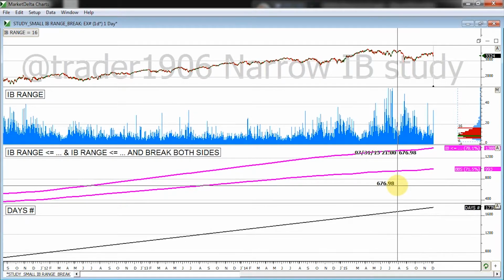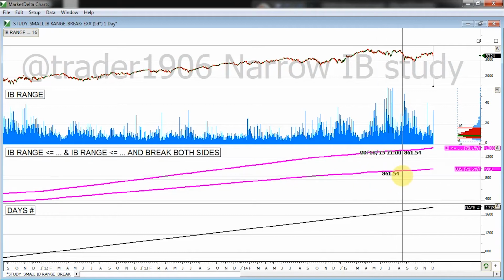So when you try and make your day plan, you need to keep in mind that there's a very high probability that we'll come back and take the other side of the IB when we break one side. There's no point, because essentially all you're doing is making calculated guesses or bets each time. So you need to make sure that you're doing what's probable.